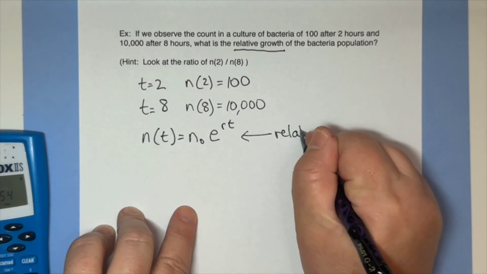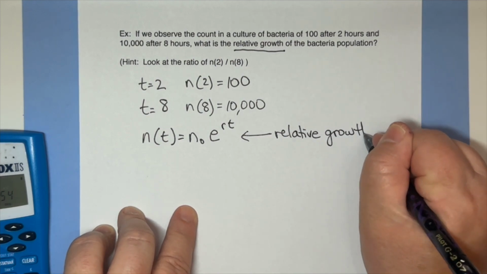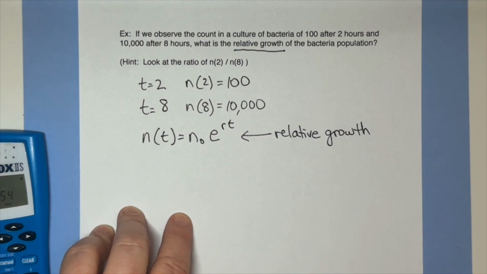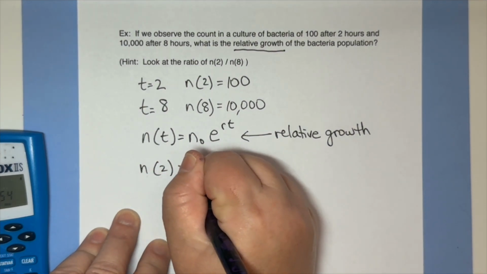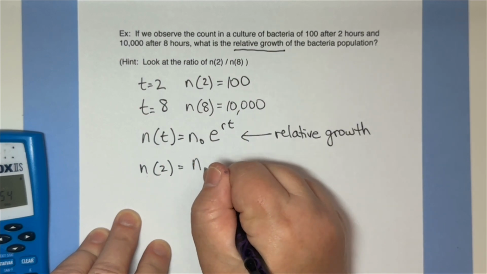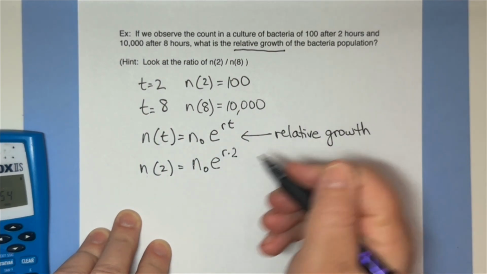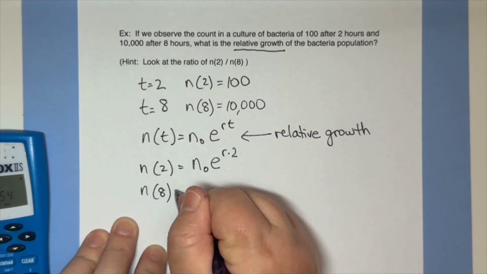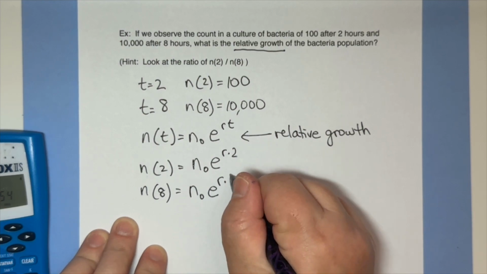If it said doubling time, then I'd be using the formula that has the 2 in it. Okay, so N of 2 is going to be whatever the initial population was, e to the r times 2. And N of 8 is going to be the initial population, e to the r times 8.